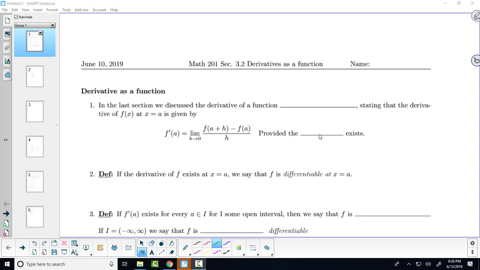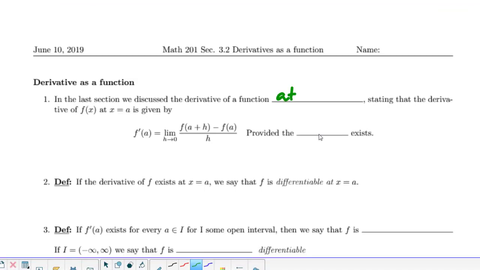So in the last section we discussed the derivative of a function at a point, stating that the derivative of f at x equals a is given by this expression right here. You should be getting sick of seeing this expression. What do we write provided the limit exists?